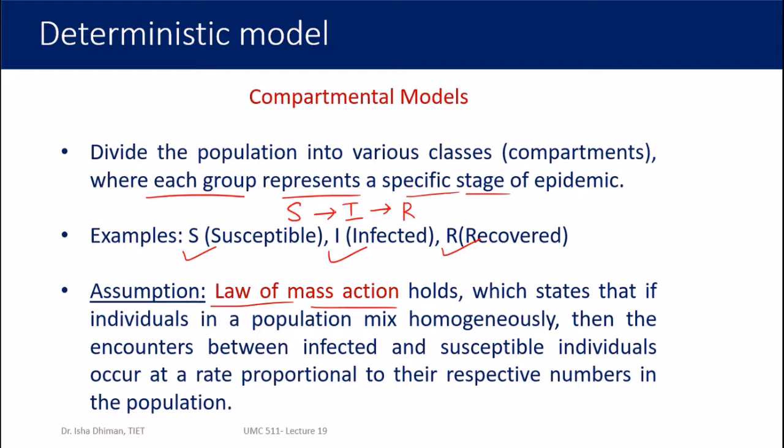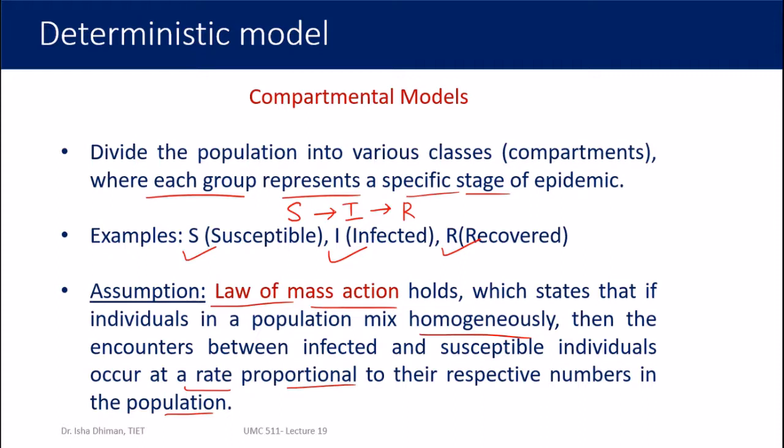It states that if individuals in a population mix homogeneously, then the encounters between infected and susceptible individuals occur at a rate proportional to their respective numbers in the population. So you see now where we are going. We are now advancing towards the mathematical formulation of this model. So for that we need to talk in terms of the numbers. What is the rate of infection or what is going to happen?